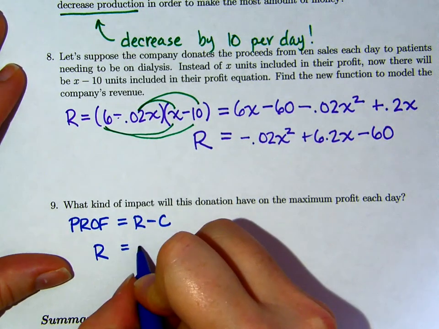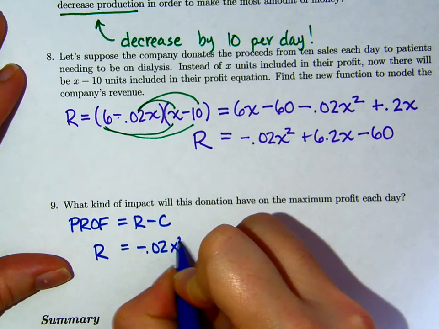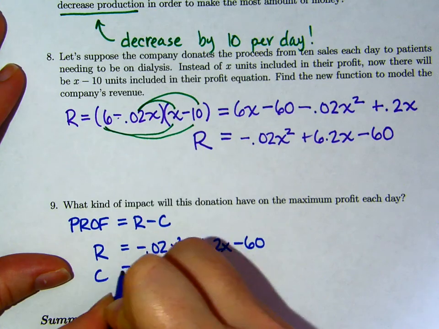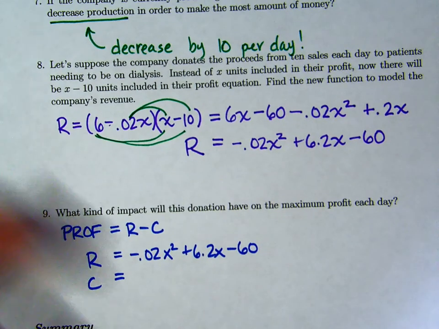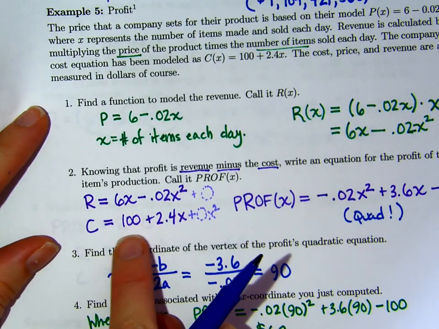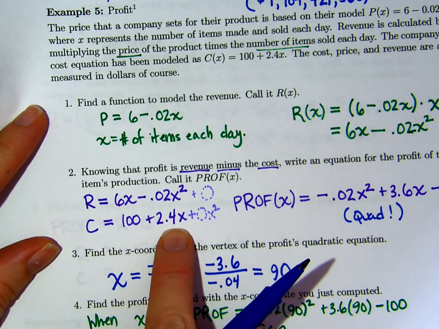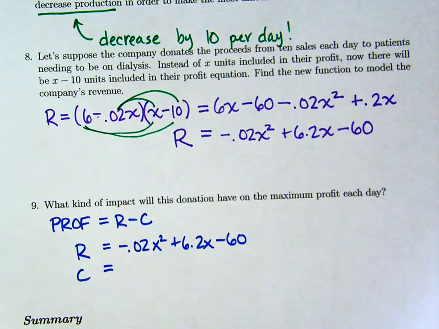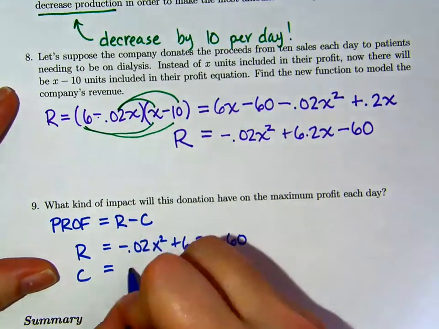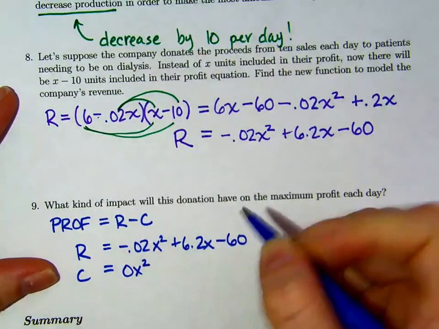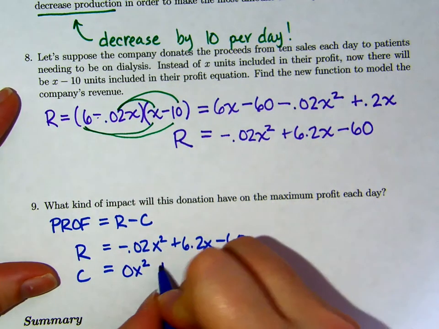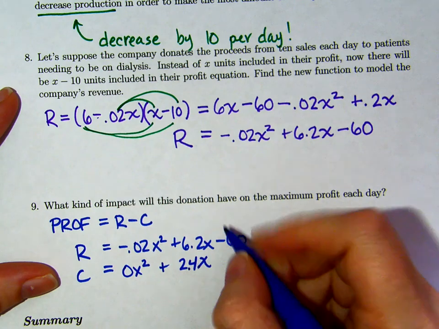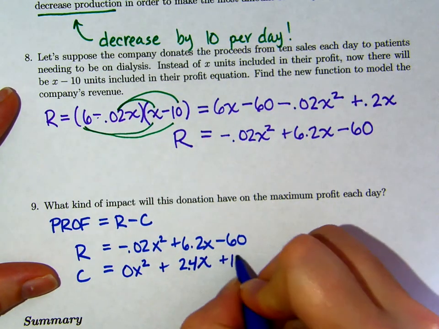We have a new equation for revenue. And remember the cost equation was 100 plus 2.4x, plus 0x squared, really. So 0x squared, 2.4x, and plus 100.